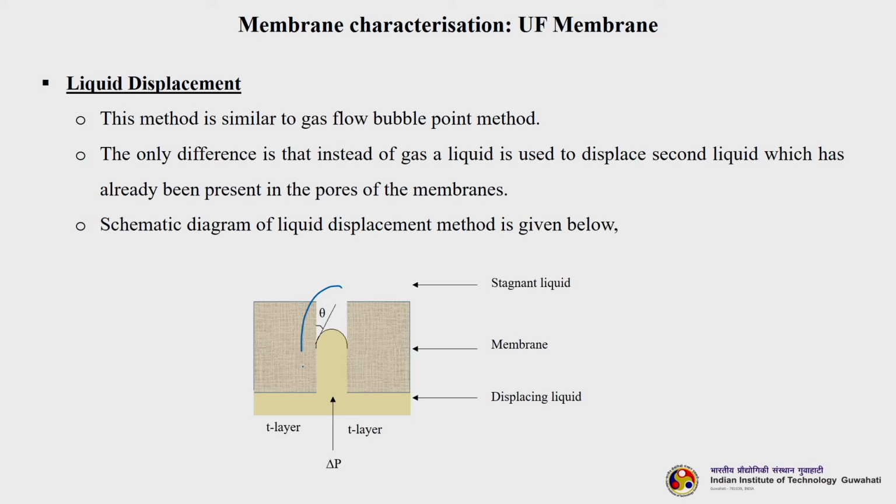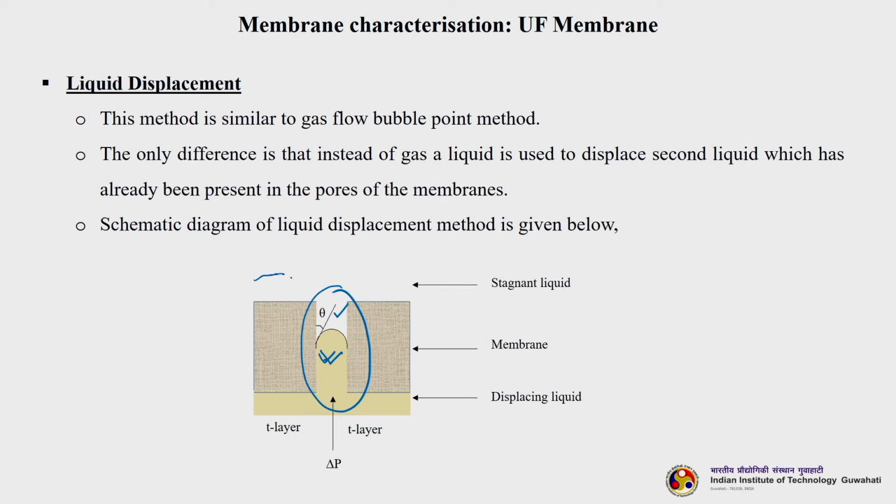This is actually one pore of the membrane which is filled with a liquid. This is one of the liquids, already filled in the pore, and this is another liquid which is being pushed from the bottom side of the membrane, and that liquid is displacing the liquid that is already there.